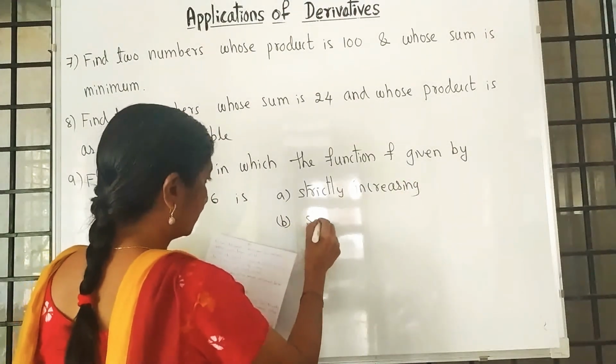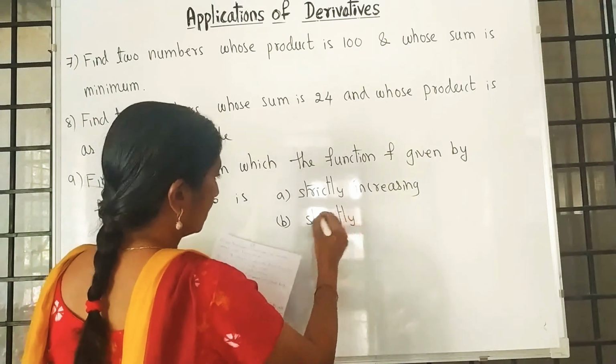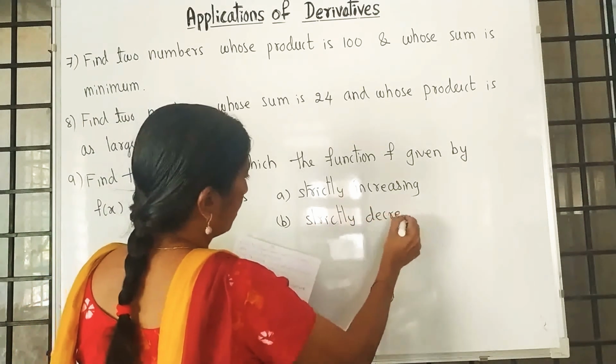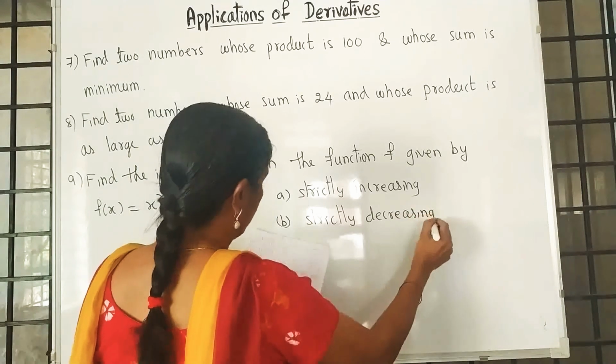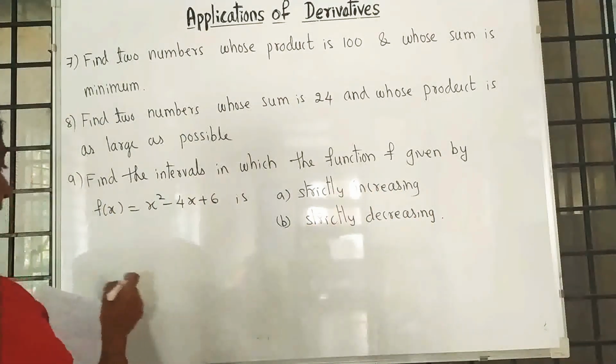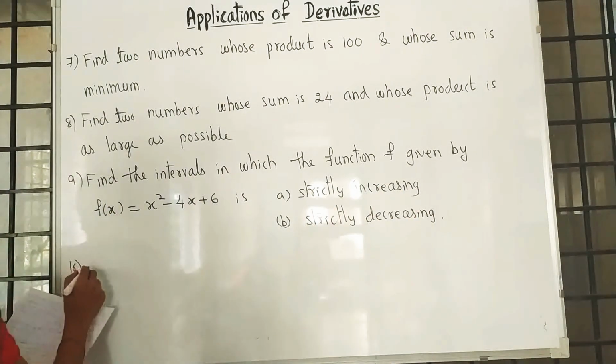Second one, strictly decreasing. Next, 10th question for 3 marks.